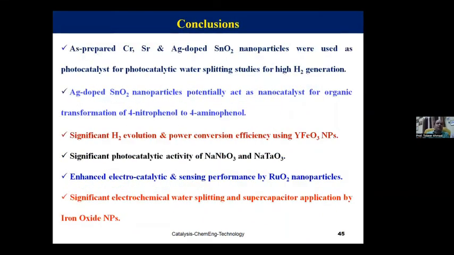So now to conclude my presentation, we have prepared chromium, strontium, and silver doped SnO2 nanoparticles, and these nanoparticles could be used as photocatalysts for photocatalytic water splitting studies for hydrogenation, and the as prepared silver doped SnO2 nanoparticles potentially act as nanocatalysts for organic transformation from 4-nitrophenol to 4-aminophenol.